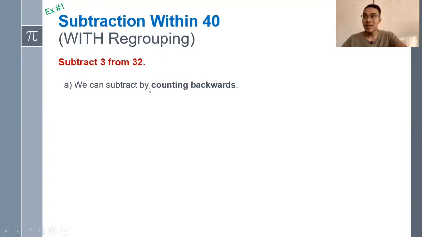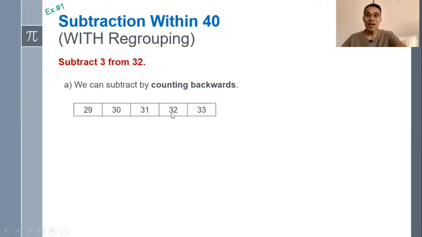When we use this kind of method, we need the help of the number tape. We are going to find where 32 is in this number tape. And 32 is here. And since this is subtraction, then we have to move backward, or we're going to move to the left.